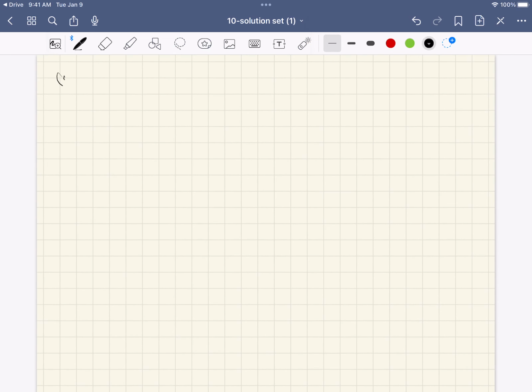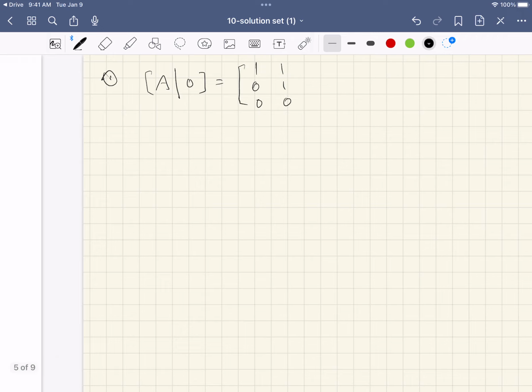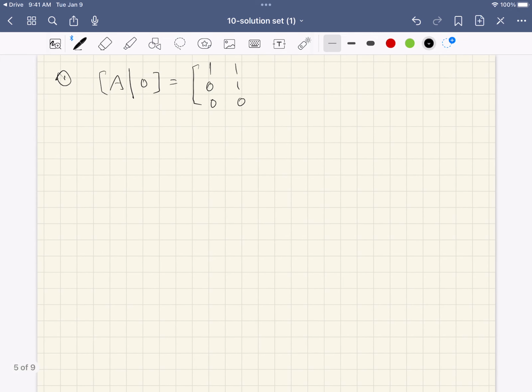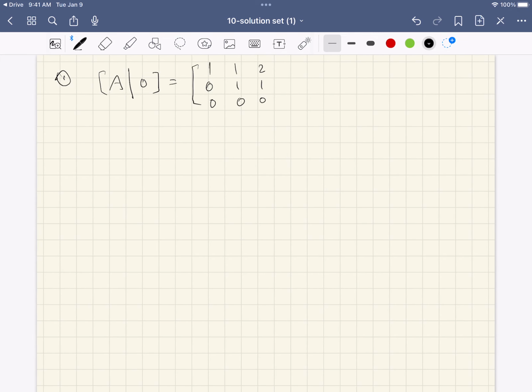For the equation, we first look at the augmented matrix, which is 1 0 0 1 1 0 2 1 0 on the left-hand side of the separating bar, and the right side is simply 0 0 0, because this is a homogeneous equation.